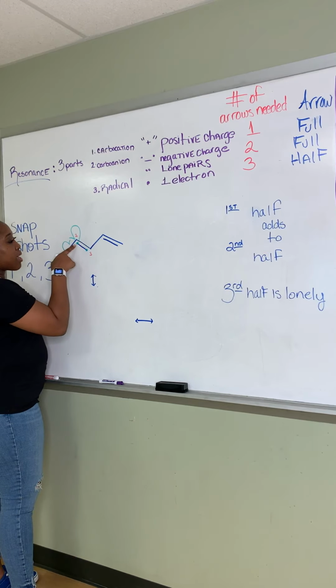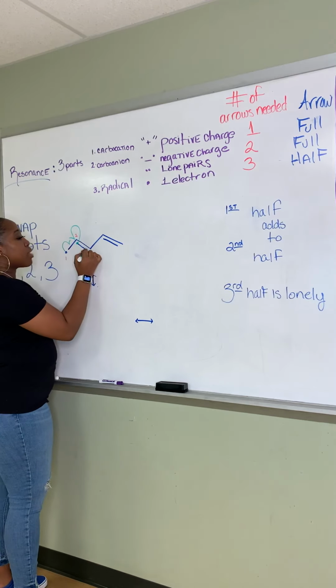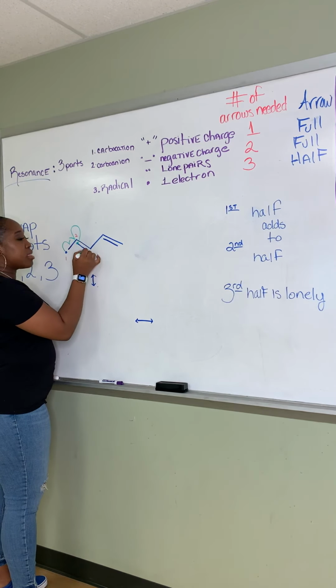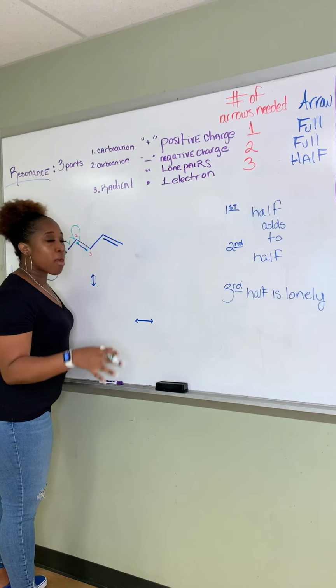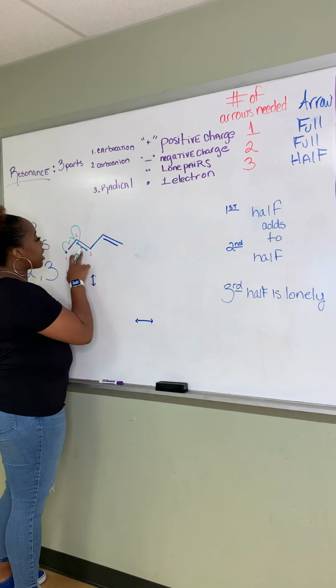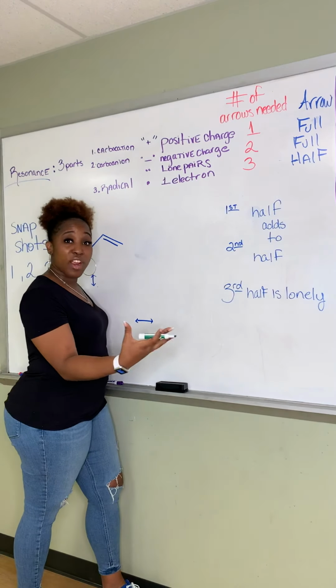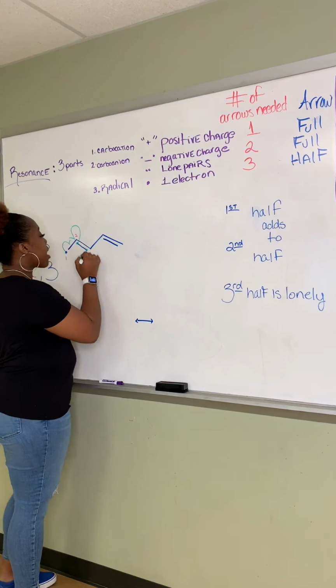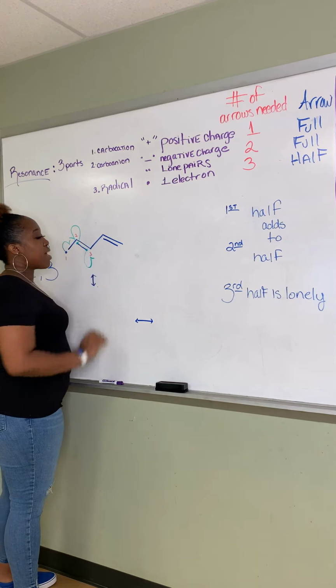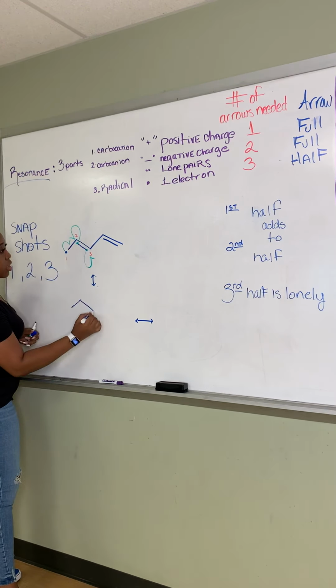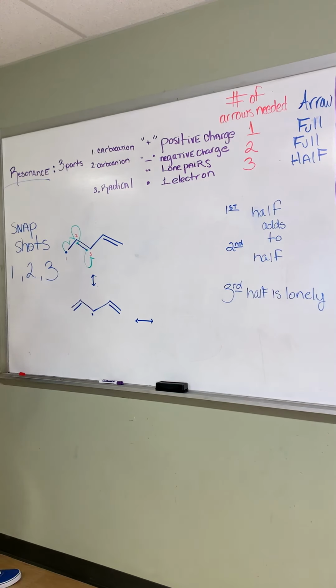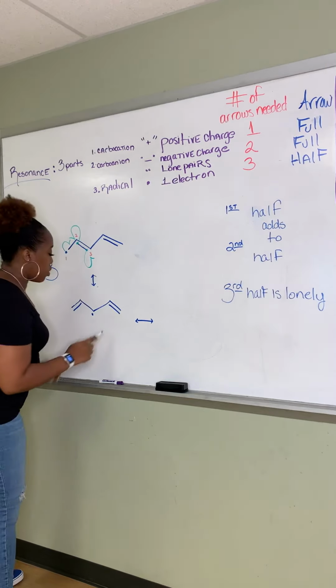That means technically, if I take this lone pair, this bond no longer exists. So that means this will be broken, and this lone pair, well, where can it go? It's pretty much just there. But you can't just leave it there and not show an arrow, so you have to show another arrow denoting that it stays there, and that's where your third half-headed arrow takes into account, giving you your new structure of this. Make sense?